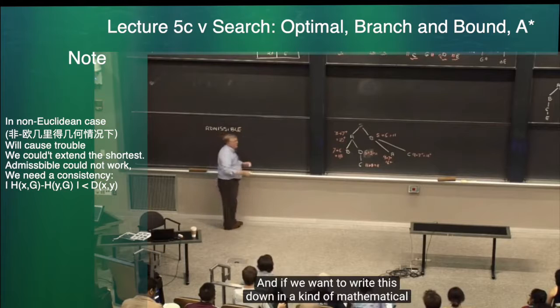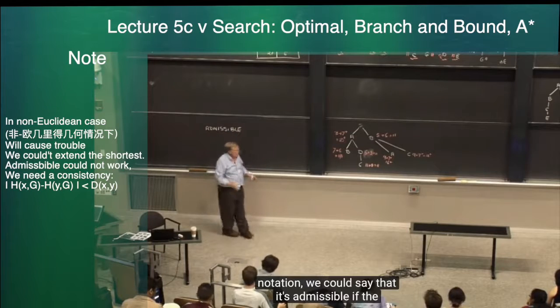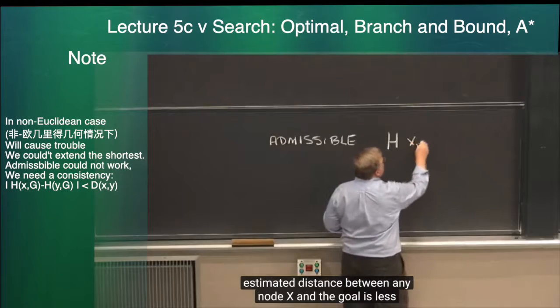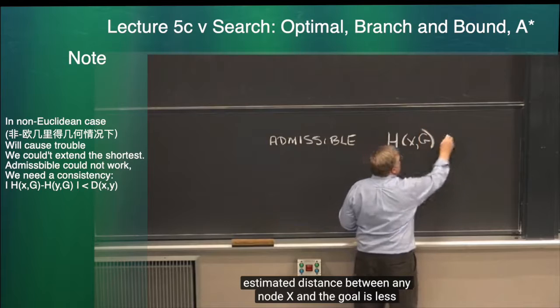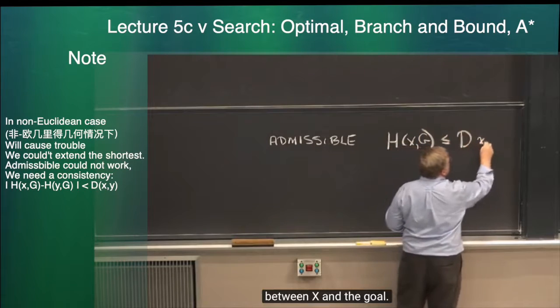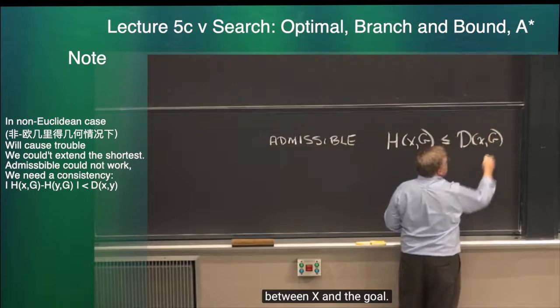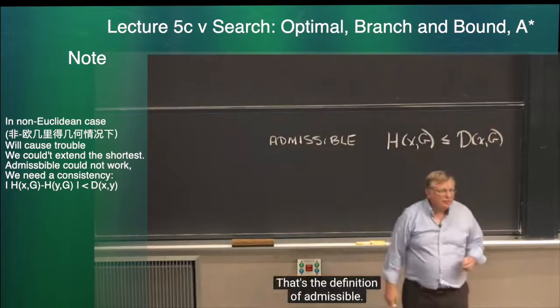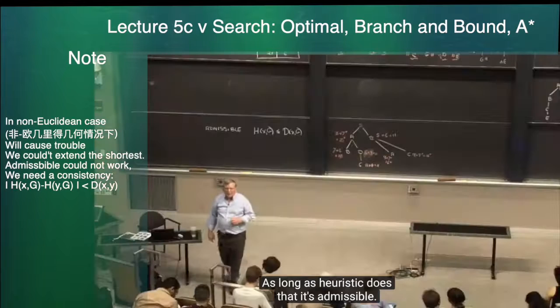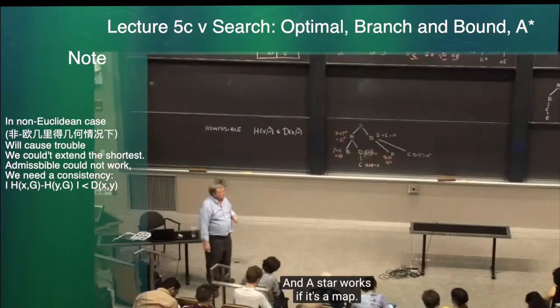And if we want to write this down in a kind of mathematical notation, we can say that it's admissible if the estimated distance between any node x and the goal is less than or equal to the actual distance between x and the goal. That's the definition of admissibility. As long as the heuristic does that, it's admissible, and A star works if it's a map.